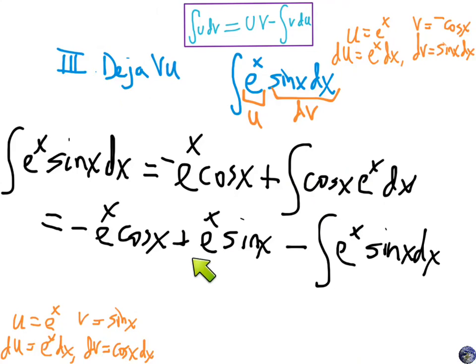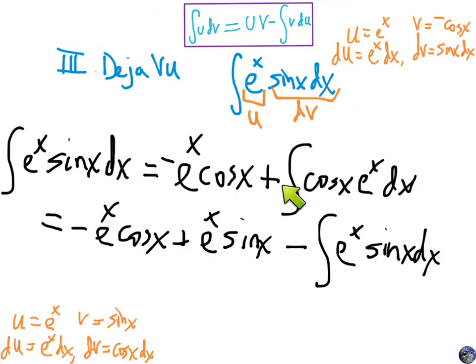So it's u times v, so e to the x sine x, minus the integral of v du, so the v is sine x, and the du is e to the x dx. So now you look at this and say, alright, I converted doing this integral the first time into this one, and then we did this integral, converted into doing this, but oh no, this is the same problem I started with, so I've just gotten myself into a horrible loop.